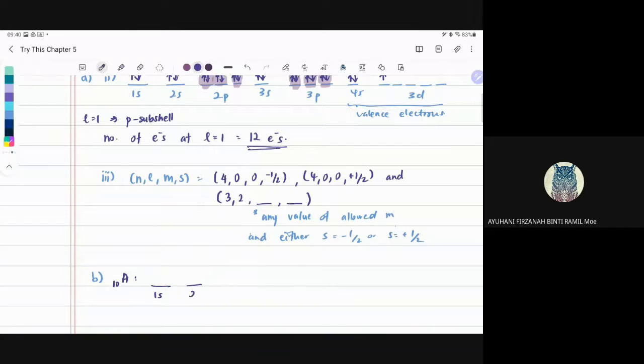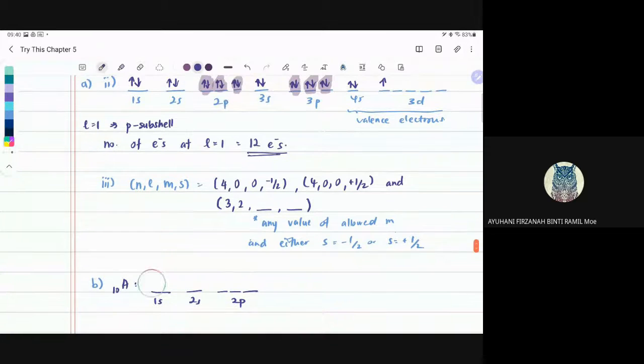So A 10, 1s, 2s, 2p. Ada 10 elektron. So 1, 2, 3, 4, 5, 6, 7, 8, 9, 10. Sorry. Saya isi tak benar. Saya isi salah tu. Cara nak isi adalah 1, 2, 3, 4, 5, 6. Like that.